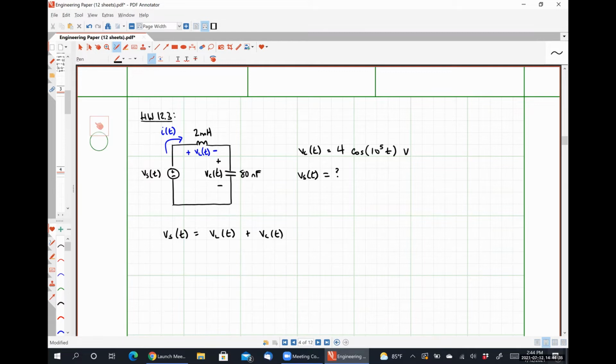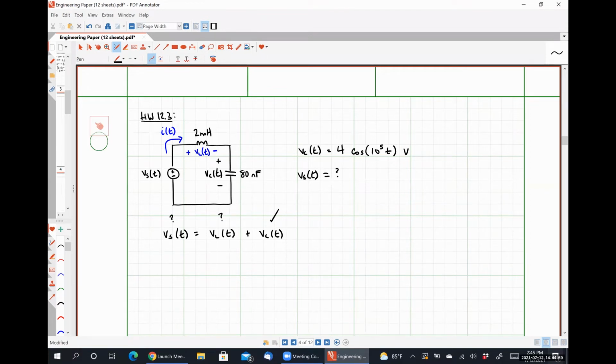So what I am going to do now is figure out what that voltage VL of t is. Does anybody have any thoughts about that, right? We know what this guy is. We don't know what this guy is. And we don't know what this guy is.